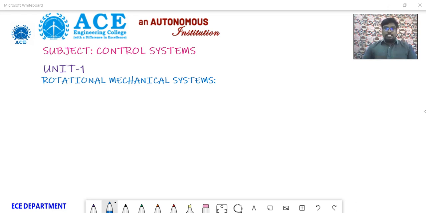So in this case we'll see the torque voltage analogy and the torque current analogy. What do we mean by torque voltage analogy? Whenever we consider a rotational system, we write the torque equations, and those equations will be analogous to the electrical system, to find the transfer function.